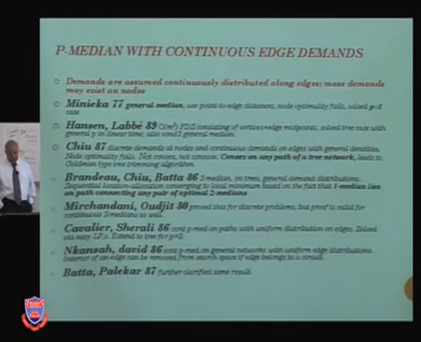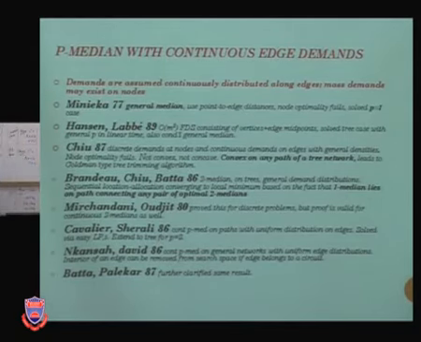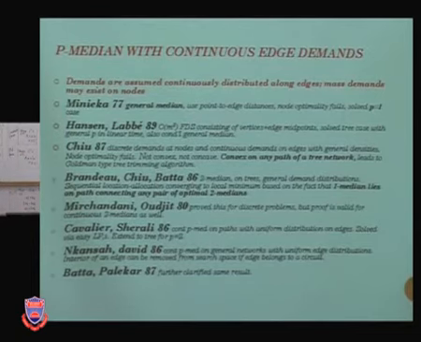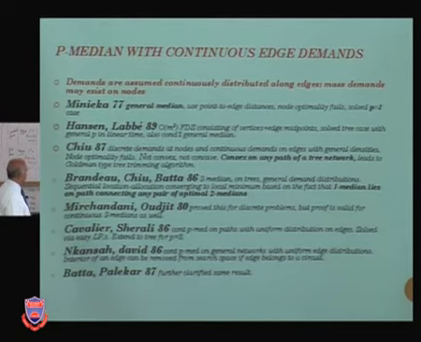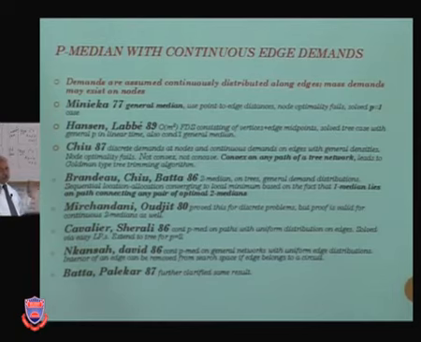The p-median with continuous edge demands. In the remaining few minutes, let me just tell you what the problem here is. The statement at the top tells you what this problem involves. Demands in the old problem, the discrete version, are point demands. Okay, they arise at vertices.